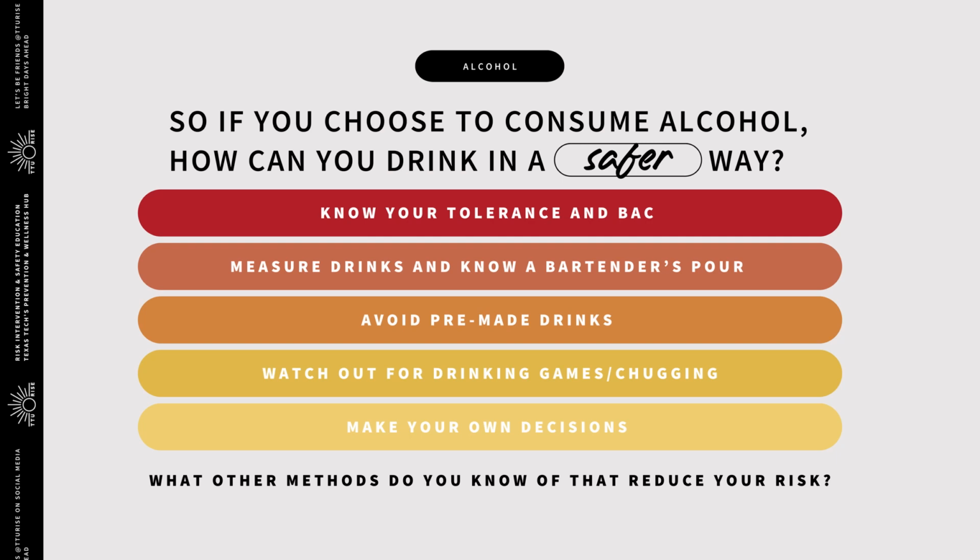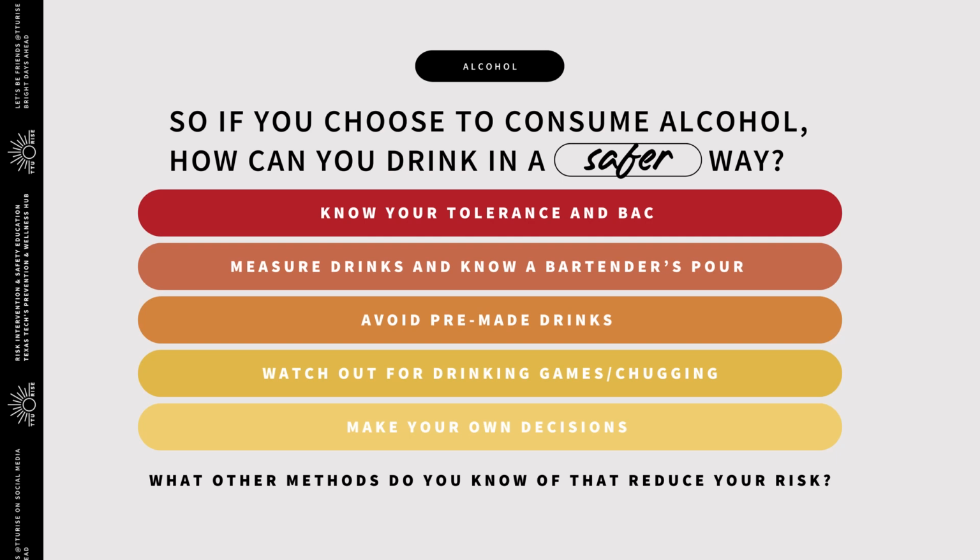Measure drinks and know a bartender's pour. Measuring drinks goes back to knowing the standard amount of alcohol in each type of alcoholic beverage. You might be drinking cocktails that have multiple types of alcohol in them and therefore multiple standard serving sizes of alcohol. Avoid pre-made drinks. Across the boards, don't take drinks from people that you don't know and that you didn't watch them make.